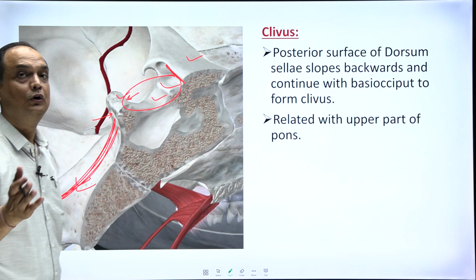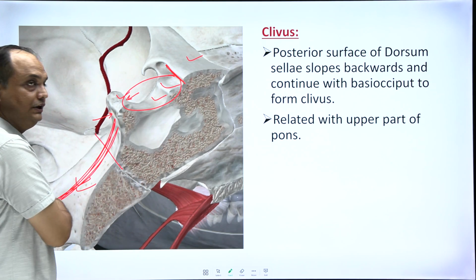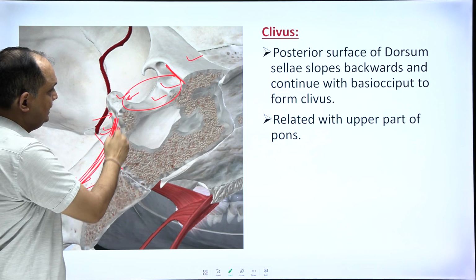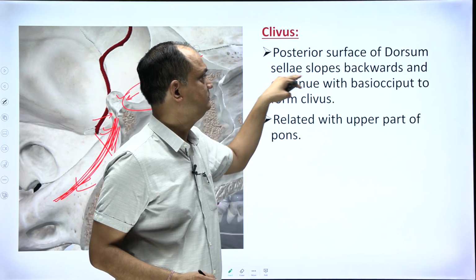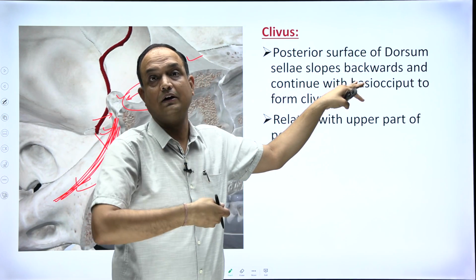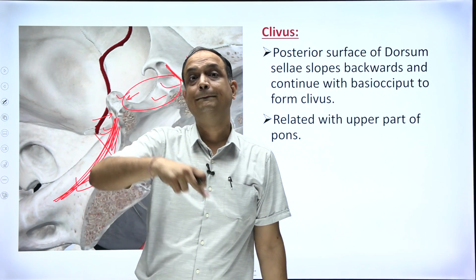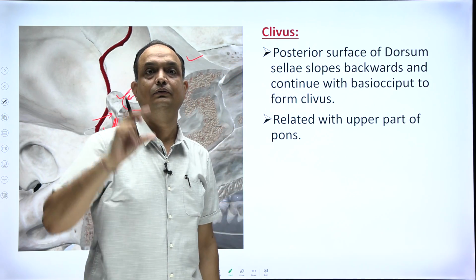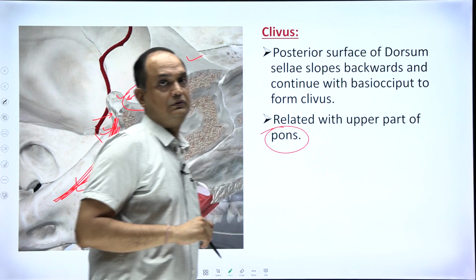This clivus is contributed by two bones, anteriorly the sphenoid and posteriorly the occiput. So what is the clivus? The posterior surface of the dorsum sellae slopes backward, and this continues with the basi-occiput to form the complete clivus. And the clivus part of the sphenoid bone is related to the upper part of the pons. Clear?